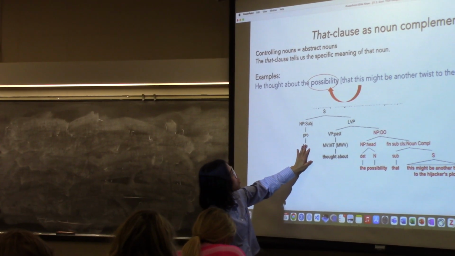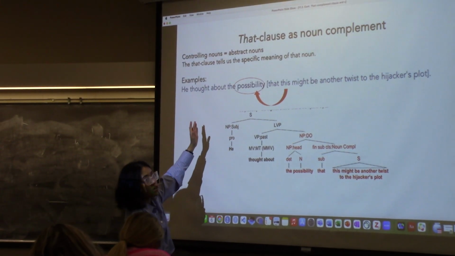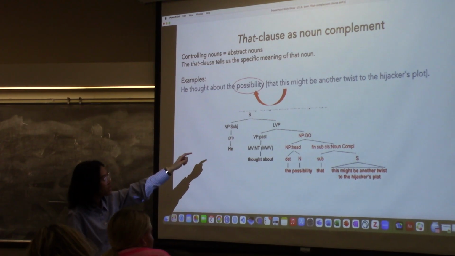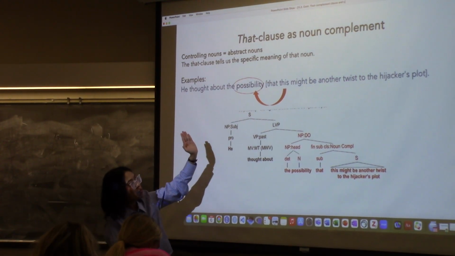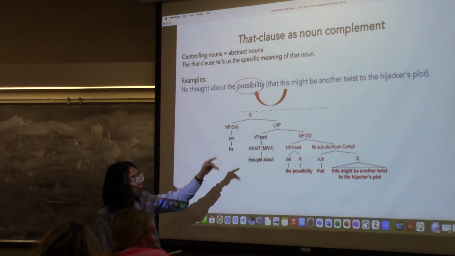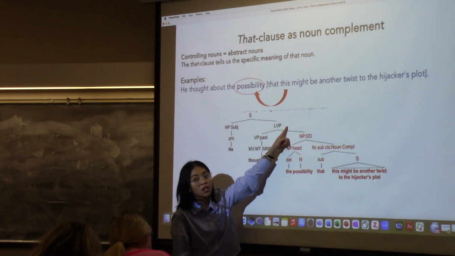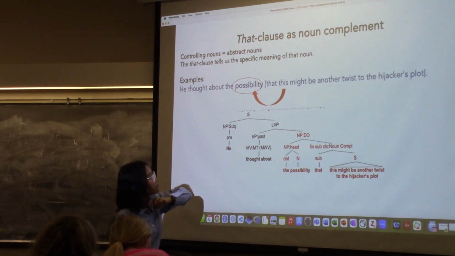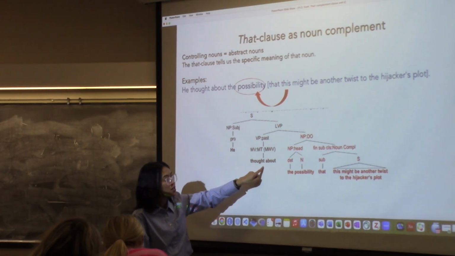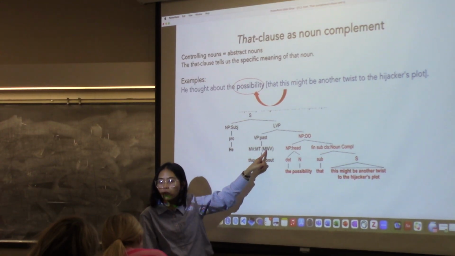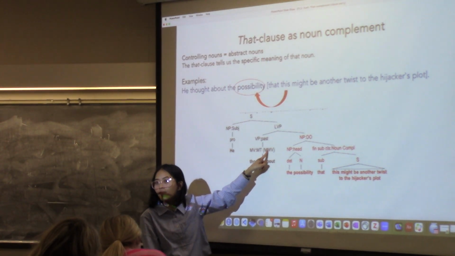So when we look at the tree diagram, you will parse the noun phrase functioning as a subject, which is the pronoun he, and then thought about and the rest all belong to the long verb phrase functioning as the predicate, right? And then you specify the verb phrase here, and here we have thought about. What type of verb is it?